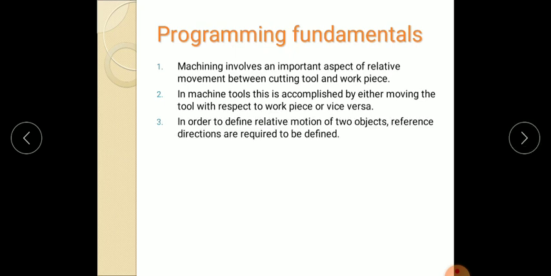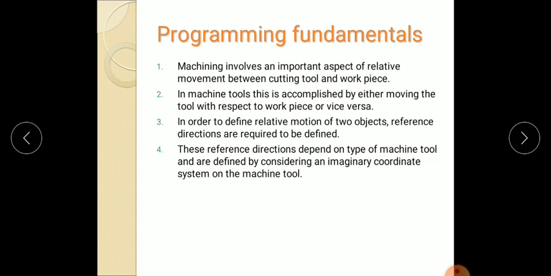In order to define relative motion of two objects, reference directions are required to be defined. So in order to move in any direction, the reference points play an important role. Two reference points are needed so that the tool moves in the respective directions.